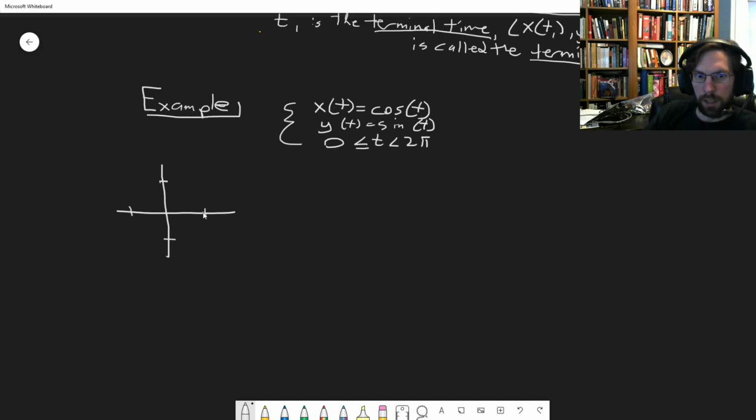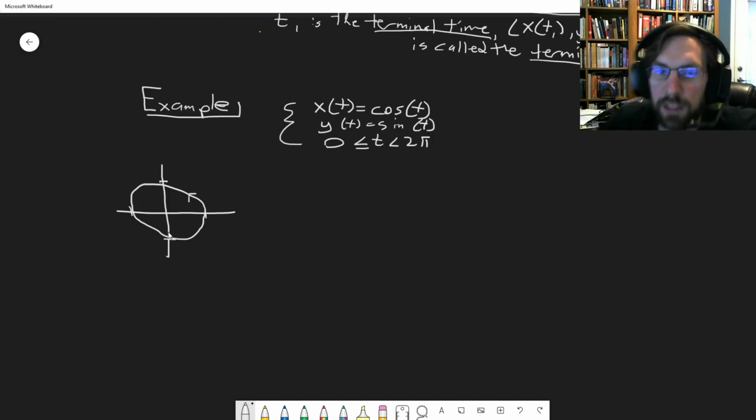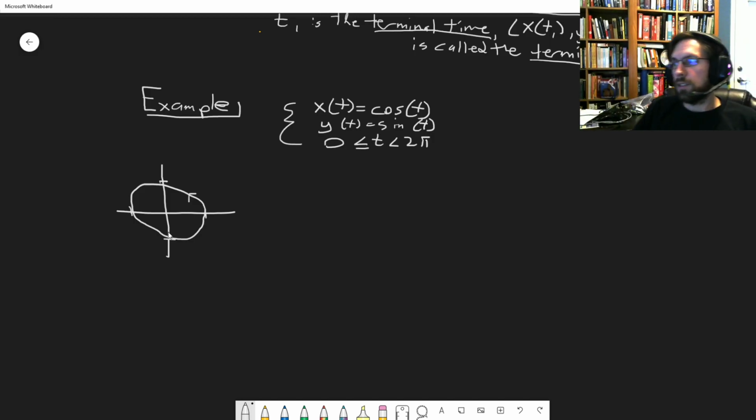Okay, and what we're going to get is not something so straight. Okay, so you can pretend that this is a circle. This is in fact going to be a perfect circle of radius 1. Okay, so this is radius 1.